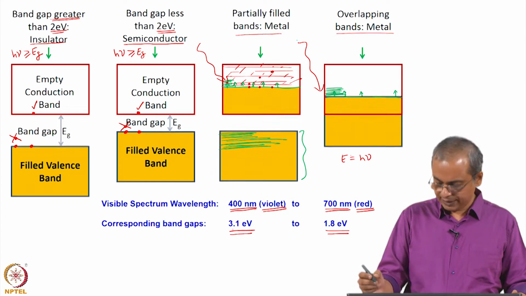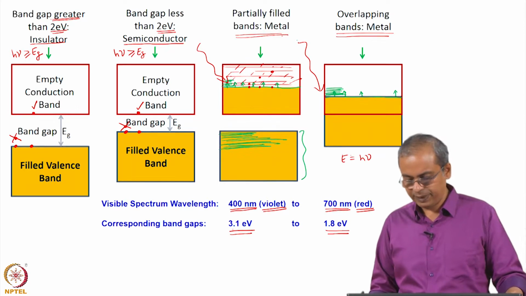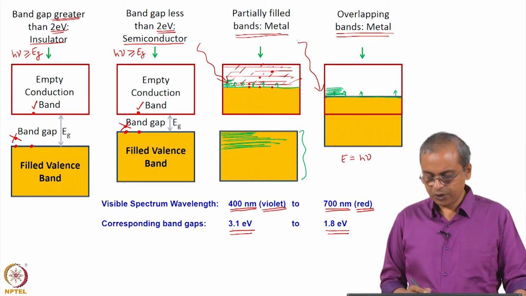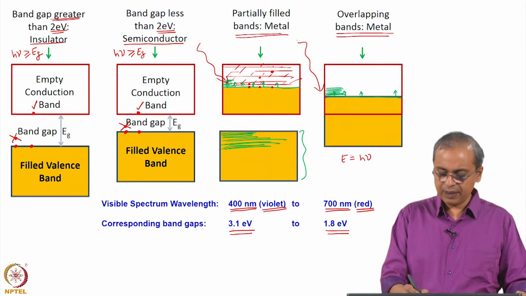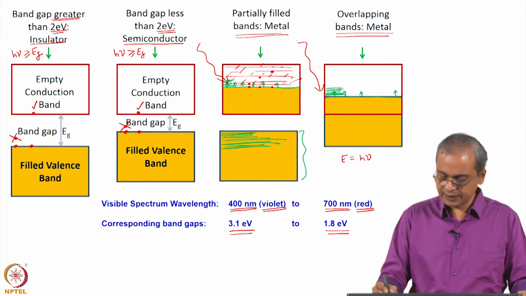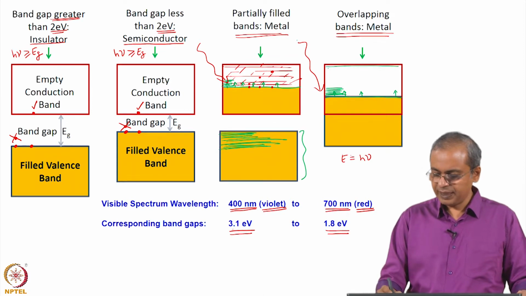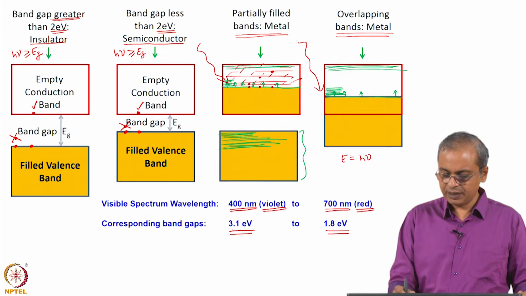If you look at a metal in this case, either with overlapping bands or with partially filled bands, at both 1.8 electron volts as well as 3.1 electron volts, we have some available energy level present within this material somewhere up there. So, there are some available energy levels here.